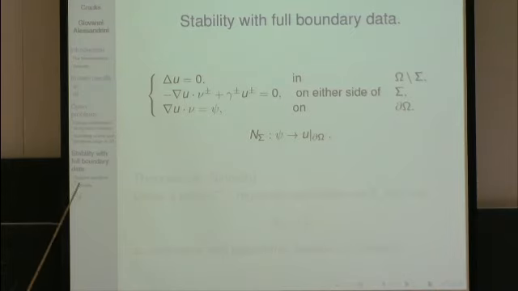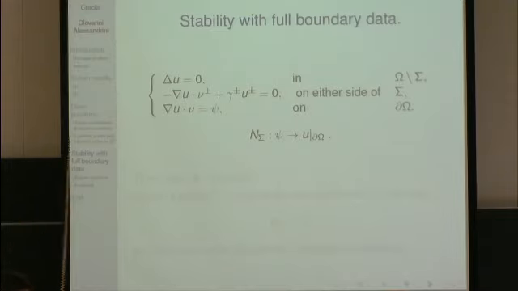So what we can consider at present is the case in which we have full boundary data. That is, to translate the uniqueness result by Eller into a stability result.